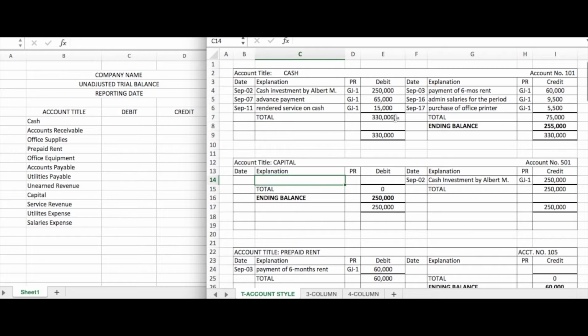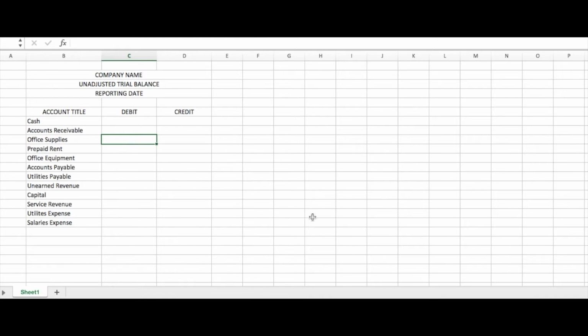I repeat, in the nature of a T account, the beginning balance is on the normal side while the ending balance is on the opposite side. So the normal balance of cash is debit. In a T account format, the ending balance would be seen on the credit side, but the ending balance is still called debit under cash.